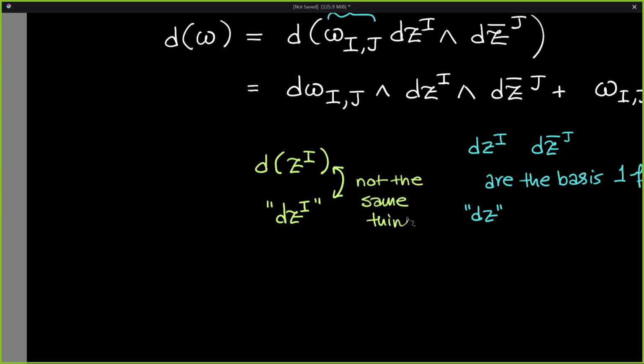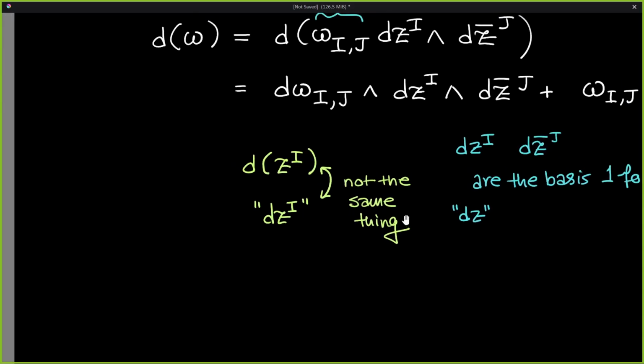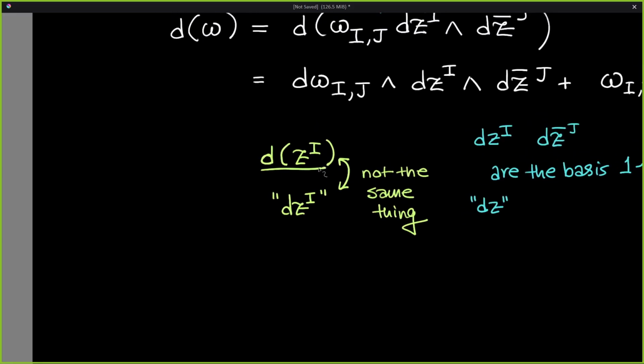Because the holomorphic tangent bundle and the anti-holomorphic tangent bundle don't actually close to form coordinates. So the coordinates are not the same thing as the exterior derivative. Well, this is the exterior derivative of the coordinate functions.